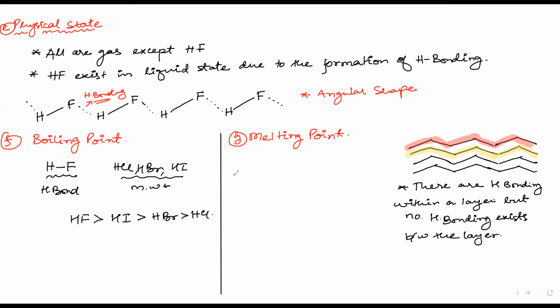That is why the order that we get is first HI, and after that HF, and after that HBr. Okay, I forgot HCl. So HI, HF, HBr, and after that HCl. This is the order of melting point. Write this point also: there is hydrogen bonding within a layer, but no hydrogen bonding existing between the layers.